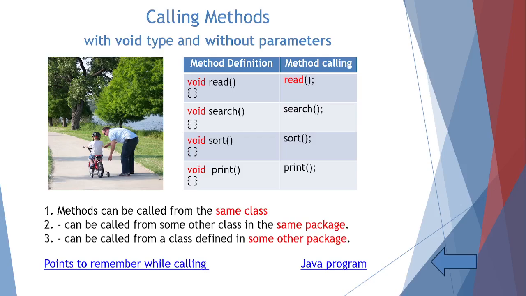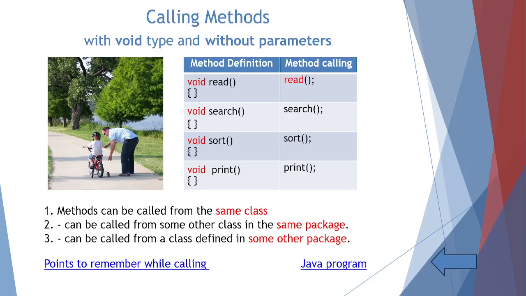Just like that, void methods are not saying anything, sending anything, or receiving anything, just a name we call. In the method definition: void read, parenthesis, curly braces, and in the method definition, some body. But how to call this method? Just name, parenthesis, semicolon.